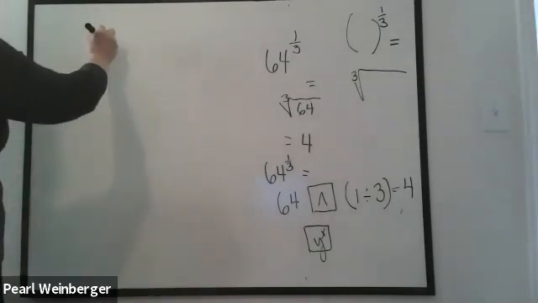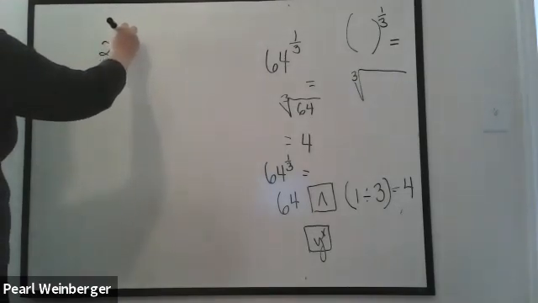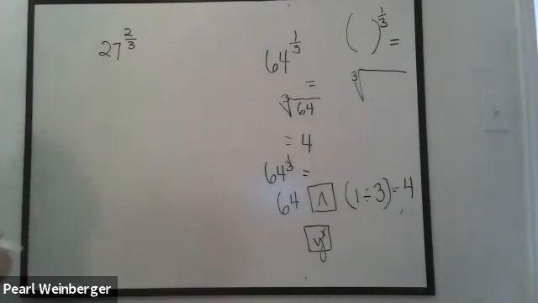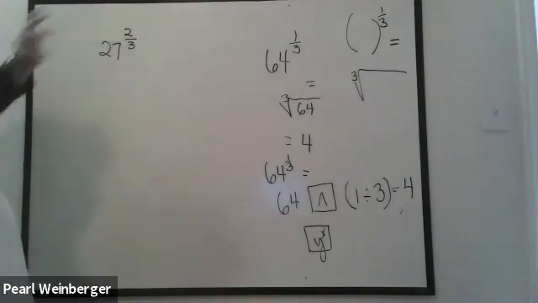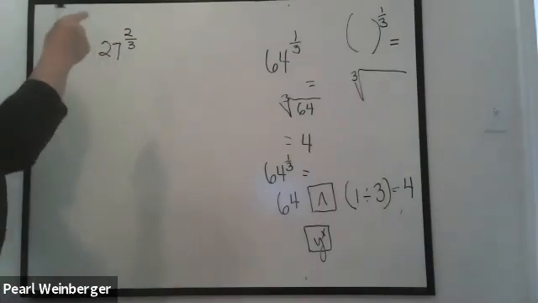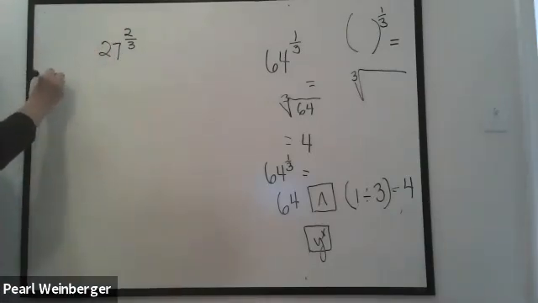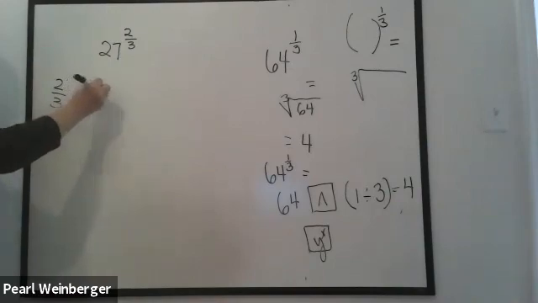Suppose I asked you to do 27 to the 2/3 power. What does it mean when my exponent is a fraction, but the top of the exponent, the numerator, isn't 1? Well, if you think about it, 2/3 really means 1/3 times 2.